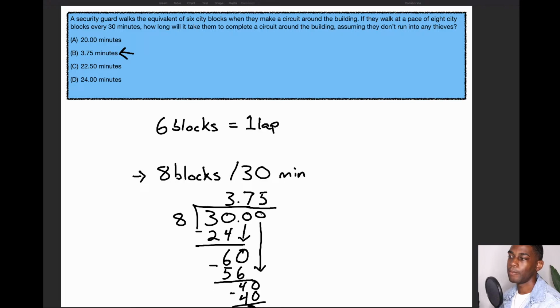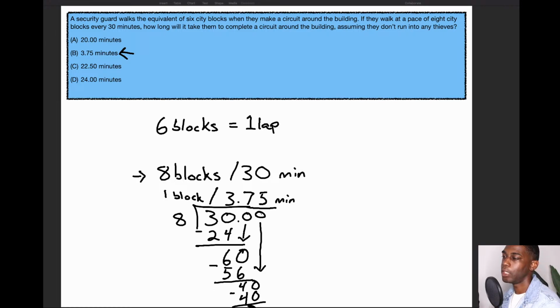This 3.75 only represents that this guy goes 1 block. We divided, right? This guy goes 1 block every 3.75 minutes. Does that make sense? All right. But the question is asking, how long will it take him to complete a circuit around the building, assuming that they don't run into any thieves?